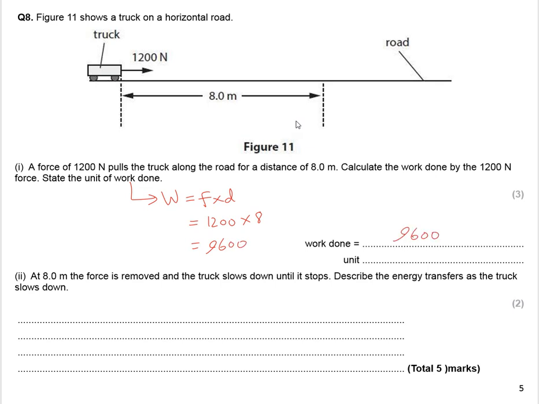Now work done is energy, so therefore the unit is going to be joules. So how much energy are you using in this case? When you apply a force of this much, you move something. So how much energy are you giving it so it can move? So work done is energy. Again, if you got this wrong, make sure that you get this right for next time.